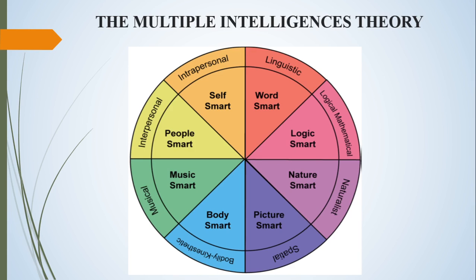So this is the multiple intelligence theory: linguistic, word smart; logical-mathematical, logic smart; naturalistic, nature smart; spatial, picture smart; bodily-kinesthetic, body smart; musical, music smart; interpersonal, people smart; and intrapersonal, that is self smart.